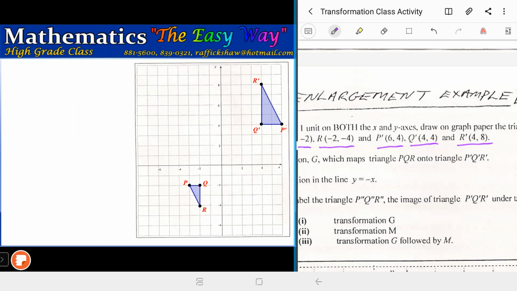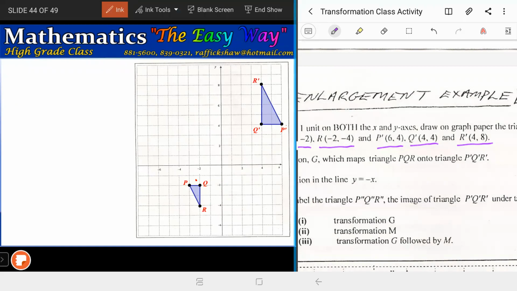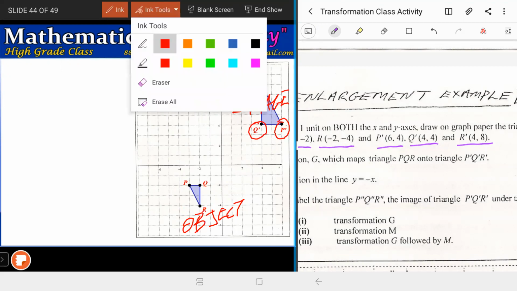This one is smaller than that one. Secondly, this one is the image and this one is the object, because this one has the prime on the points. So that's the image, that's the object.